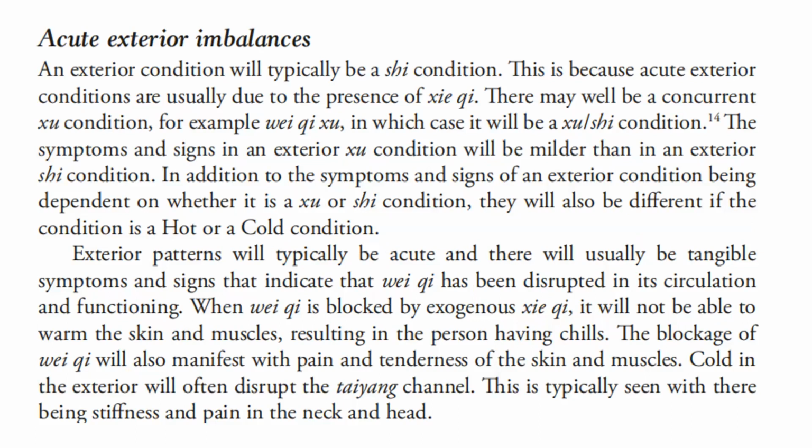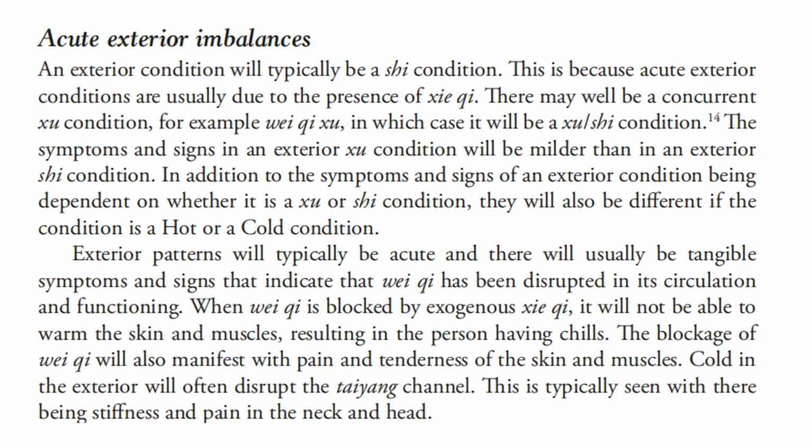Next, let's discuss the acute exterior imbalances. The exterior condition will typically be an excess condition. This is because acute exterior conditions are usually due to the presence of evil qi. There may well be a concurrent deficient condition, for example, with qi deficiency, in which case it will be a deficient or excess condition.